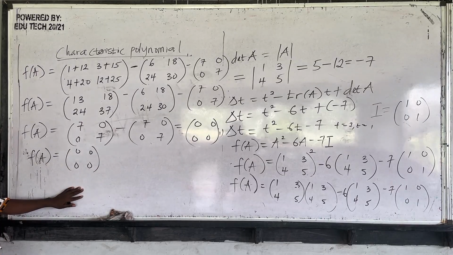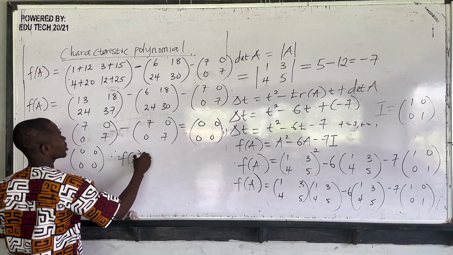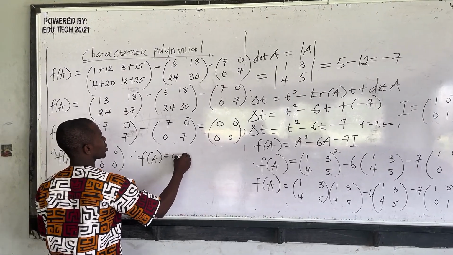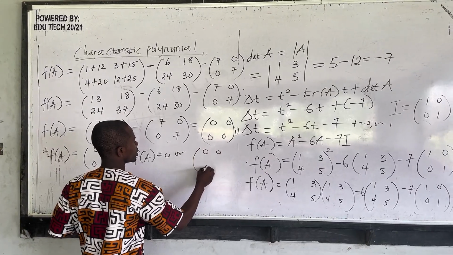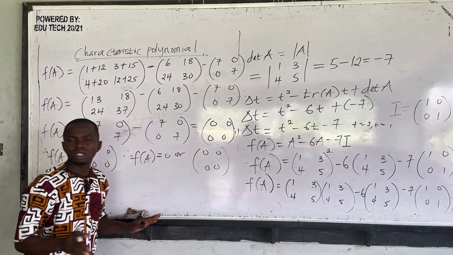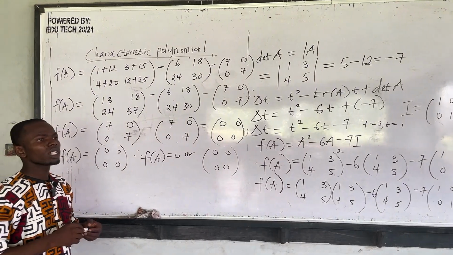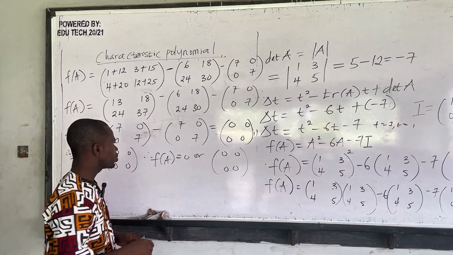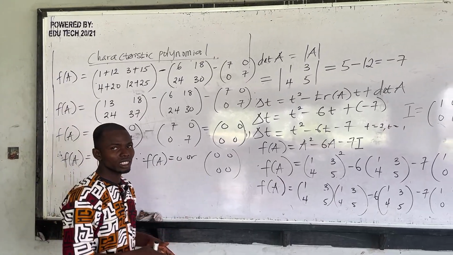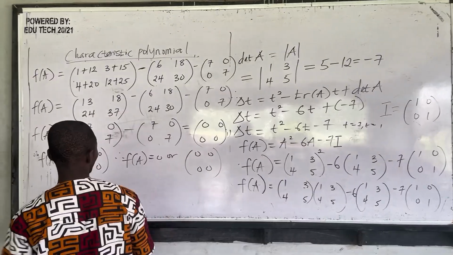Since it gives 0, I can just say my f of A is equal to 0. Then Cayley-Hamilton theorem is verified, which says every matrix is a root of its characteristic polynomial. Since it gives 0, the matrix A is a root of that characteristic polynomial. So as simple as that.